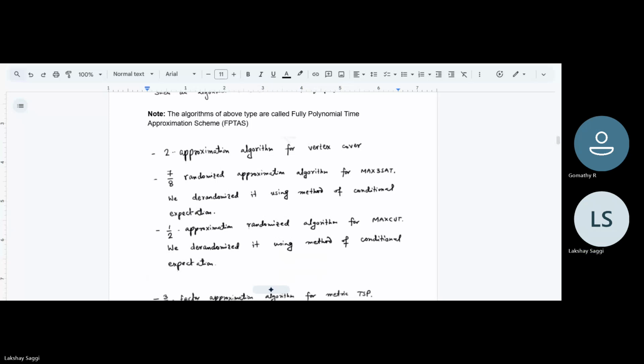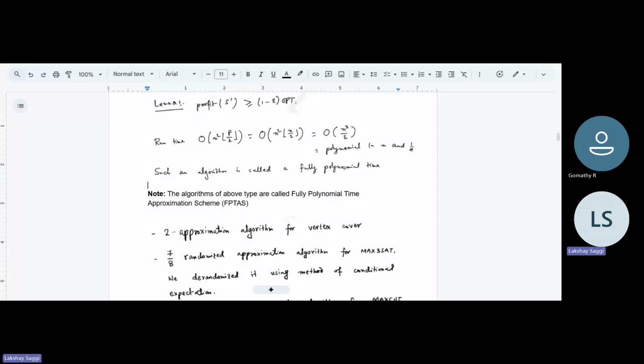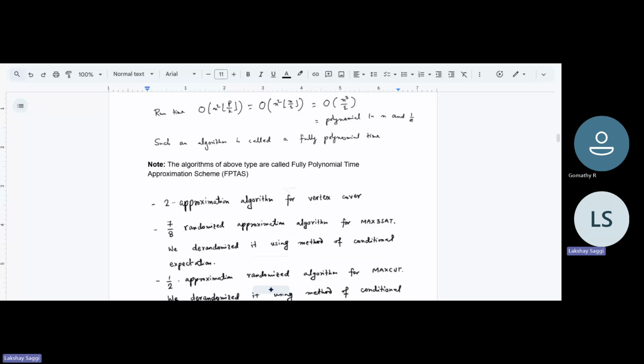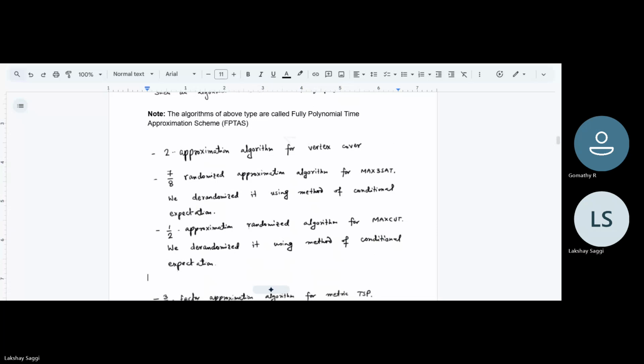Just as a revision of what kinds of approximation algorithms have been discussed till now, till previous week and right now. Last week in the lecture videos there were discussions about a two-approximate algorithm for vertex cover. Then there was a 7 by 8 approximation algorithm for max 3-SAT, which was then de-randomized using the method of conditional expectation.